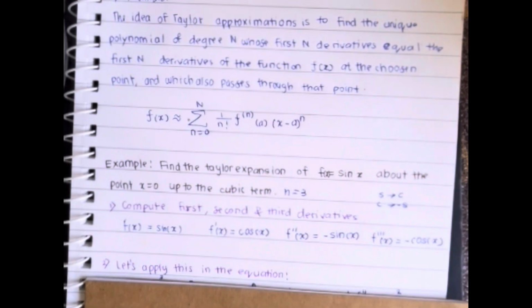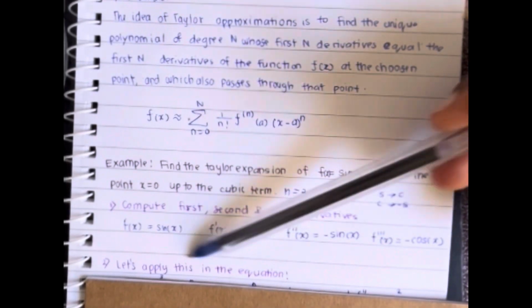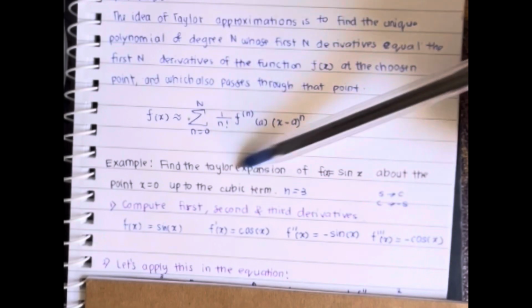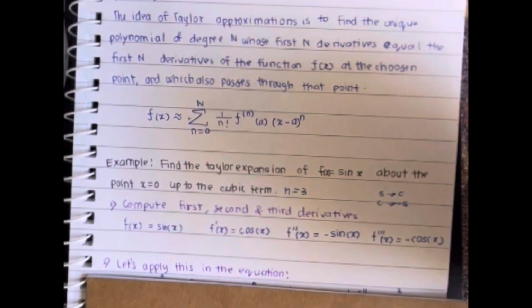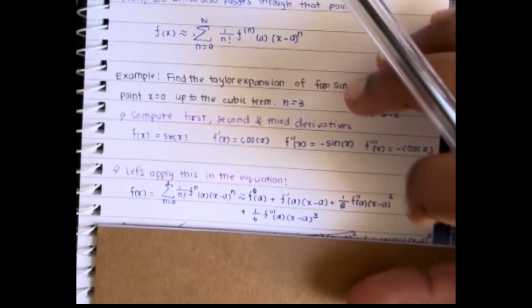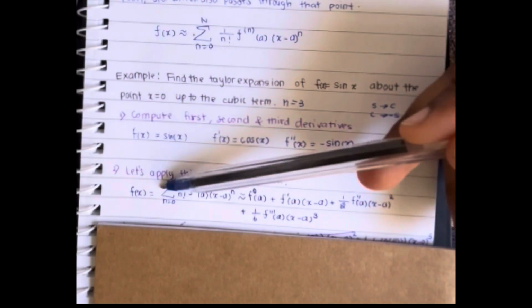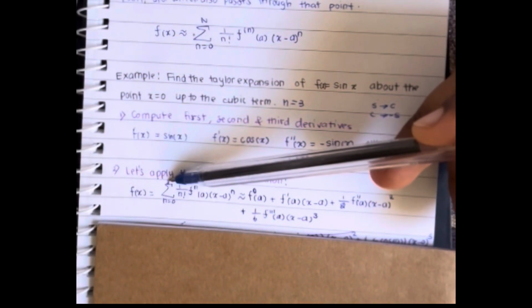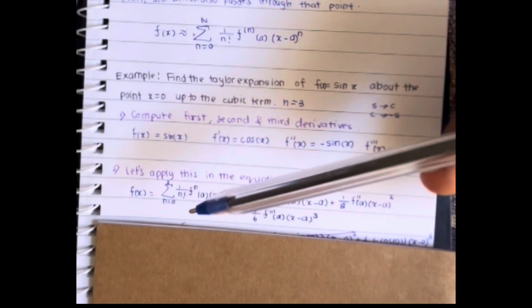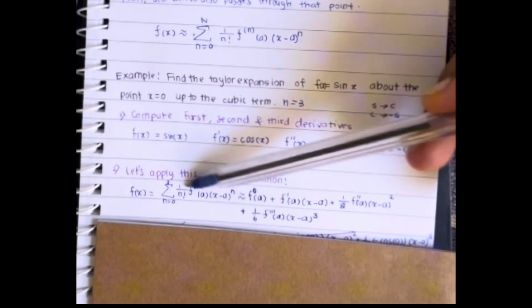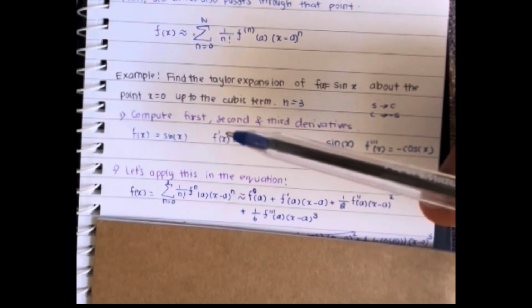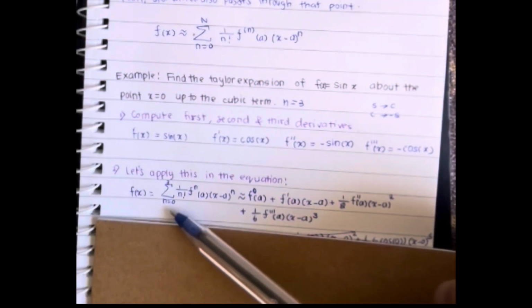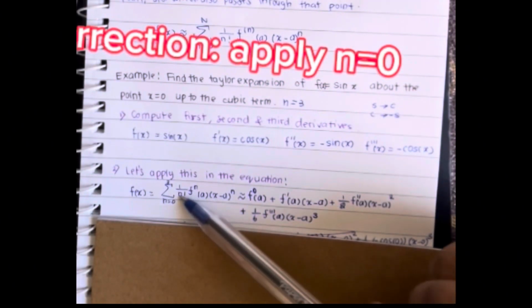The second step would be applying these derivatives in this equation. So f(x) is equal to, we know the n value, which is 3. We can plug that in and write the whole equation. Firstly, let's apply n equal to 0 to this equation.